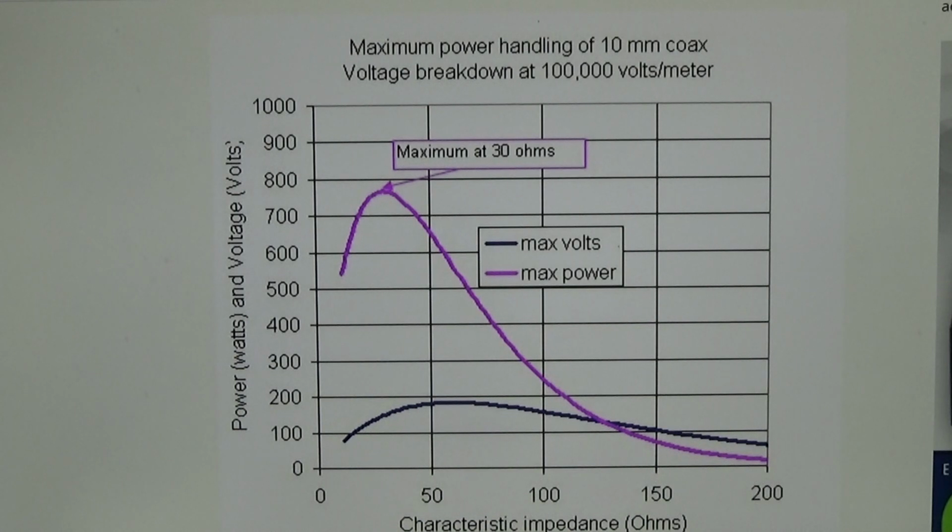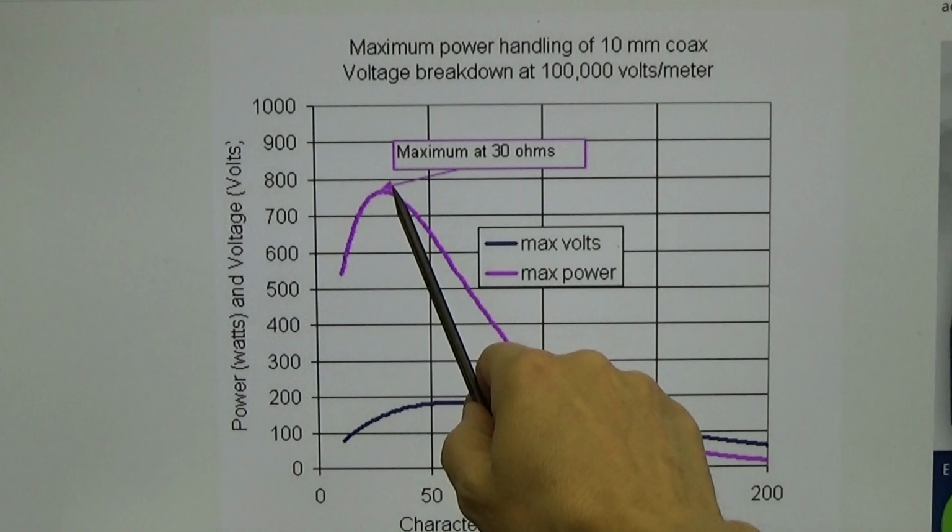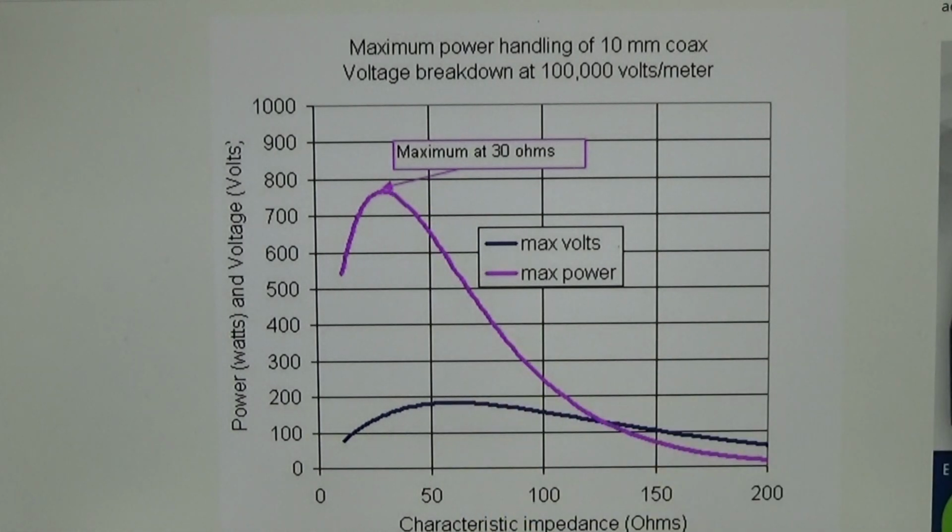And as we use a transmitter, so we want to transmit our signals, right? We need a coax cable which is able to handle high power. But at 30 ohm, where we have the peak of maximum power handling, we would have really bad receive performance. So what have we done?